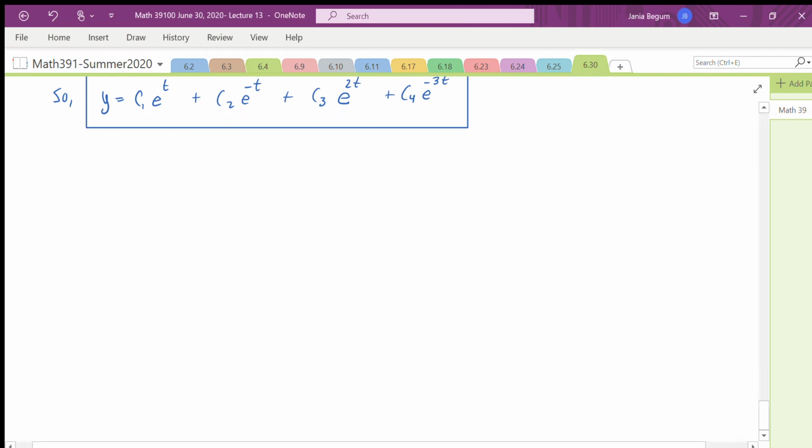Alright, so far, what do we have? So far, to solve higher order differential equations, we use the following.